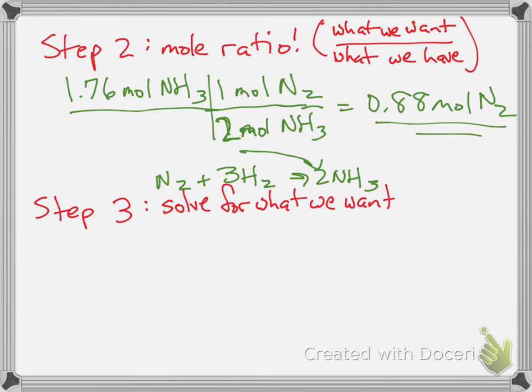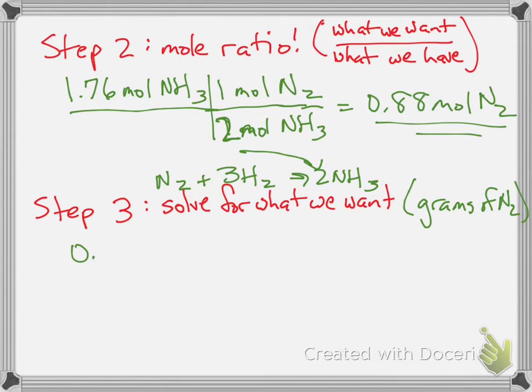However, the question asked us, in this case, not to get the number of moles of nitrogen, but to get the mass of nitrogen. Mass is in grams, but we also know how to convert between moles and grams. So if we want to get the grams of nitrogen, all we need to do is figure out the molar mass.